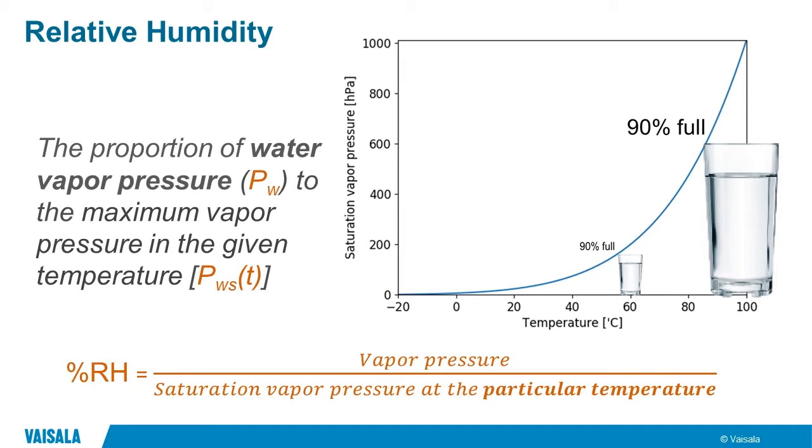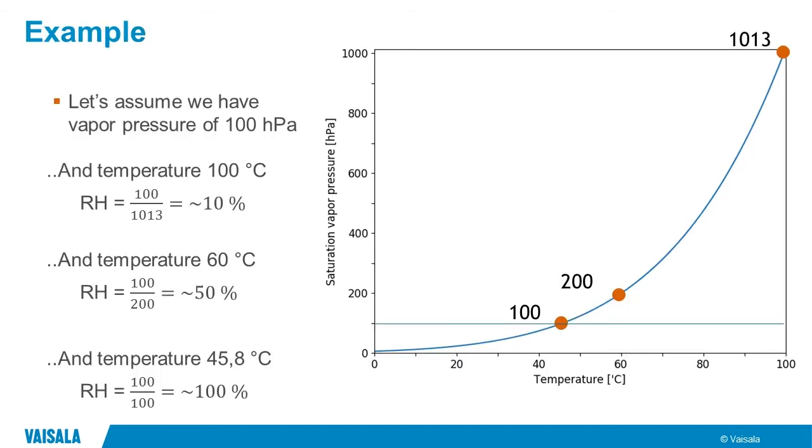So these glasses here try to illustrate that the relative humidity value can be the same, but the actual amount of water depends a lot on the actual ambient temperature. And let's go on to a couple of examples here, what this actually means.